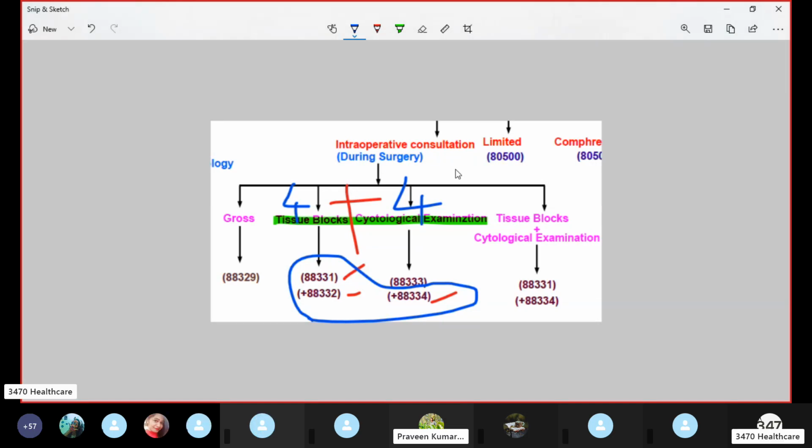So 88331, 88332 into 3, then 88334 into 4. Yes, correct. Like this you have to take.